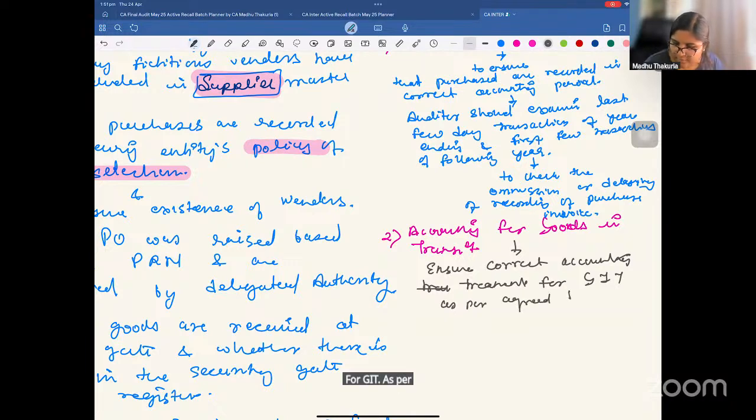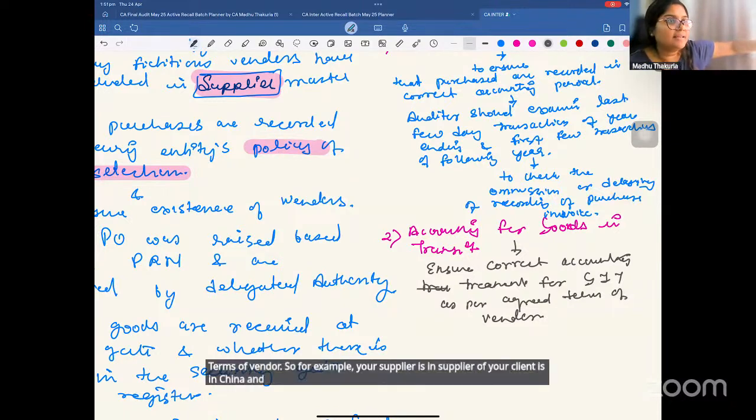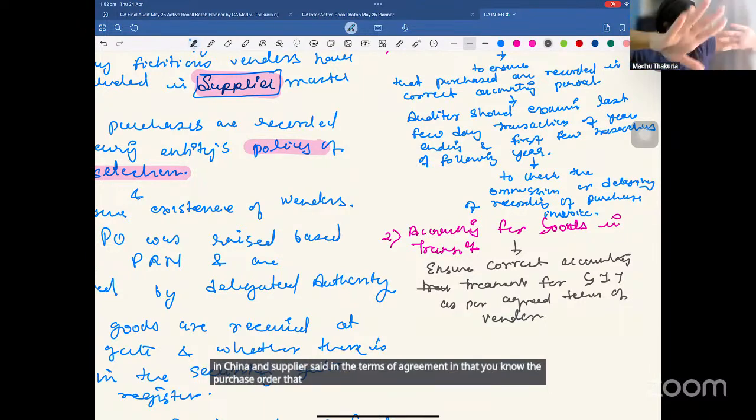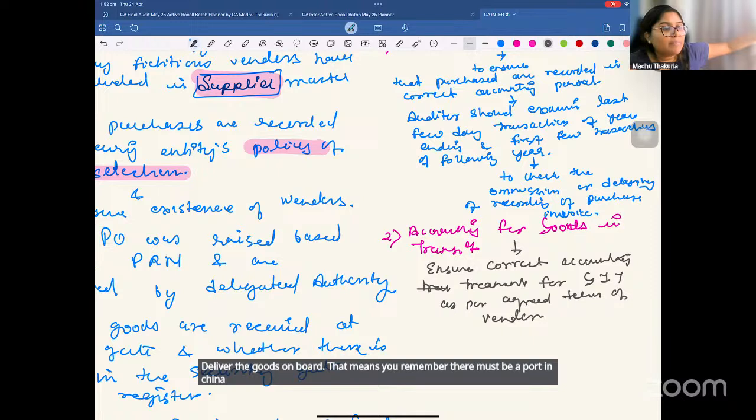agreed terms of vendor. So for example, your client's supplier is in China, and the supplier said in the terms of agreement in the purchase order that your client agreed with the supplier in China, I will only deliver the goods on board. That means there must be a port in China, somewhere in Shanghai or some coastal area.